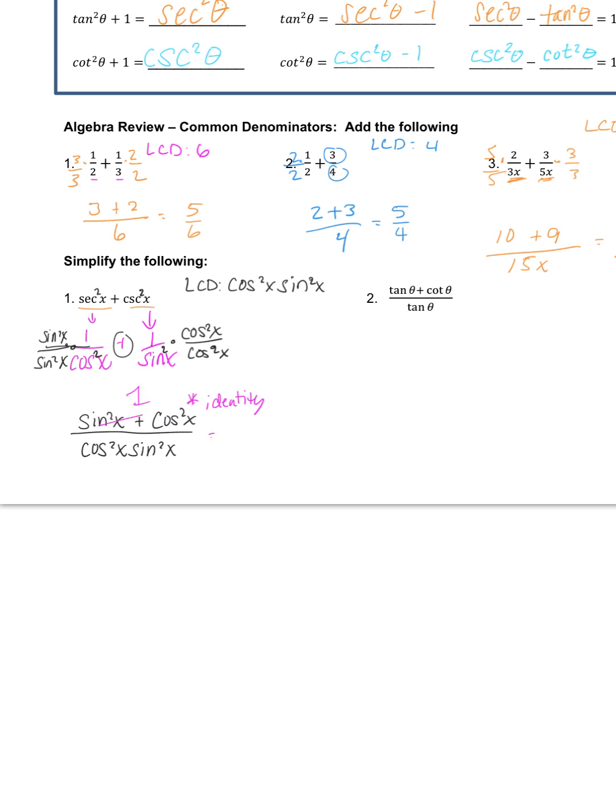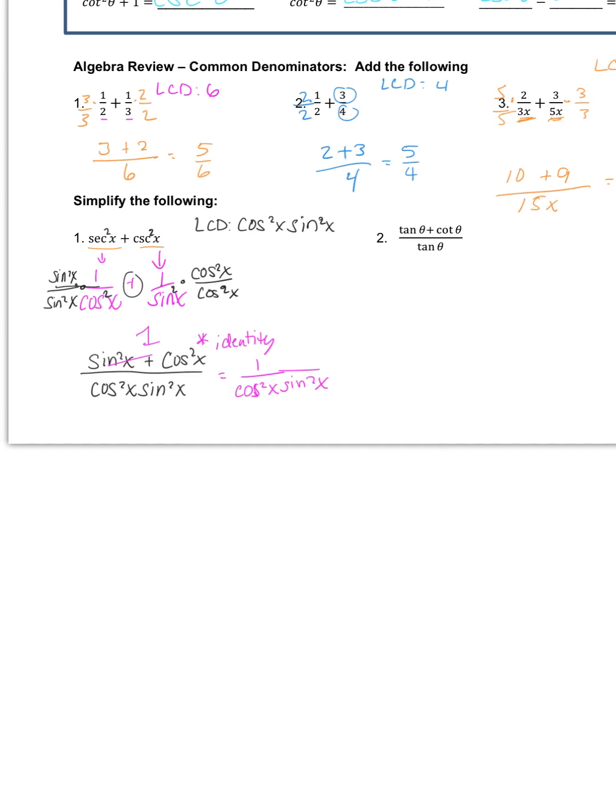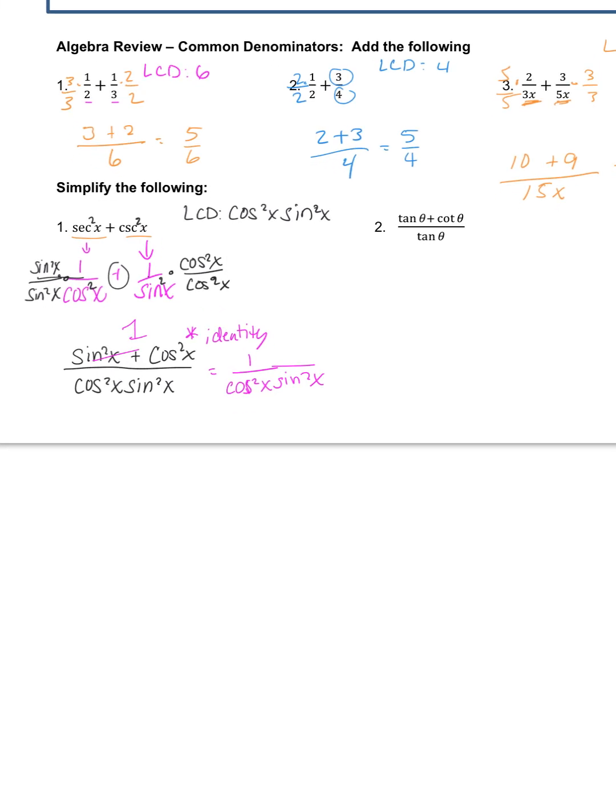So what do we have? We have 1 over cosine squared x sine squared x. Now, with math, with almost anything, I can decompose this and write the 2 fractions that actually created this 1 fraction.